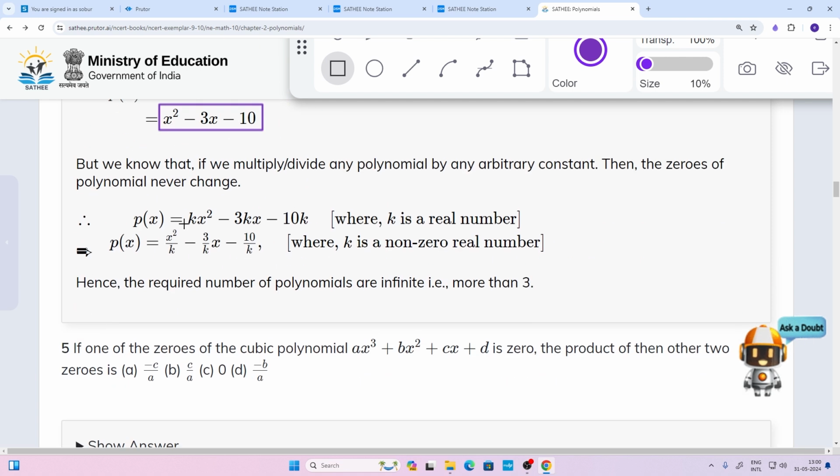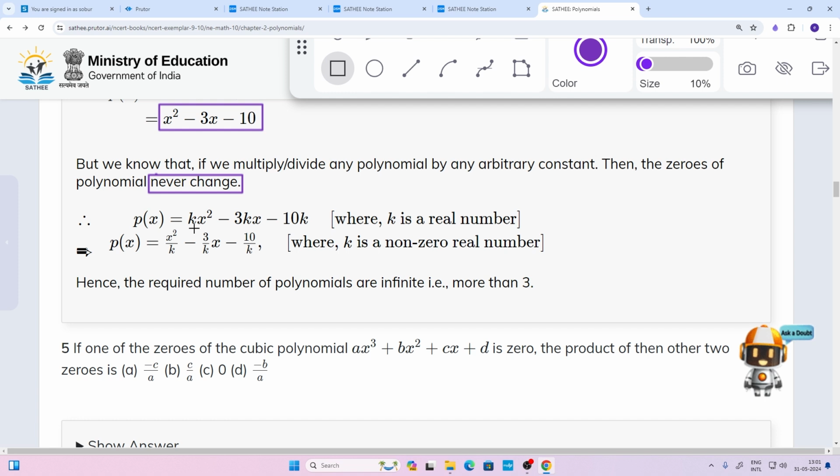But we know that if we multiply or divide any polynomial by any arbitrary constant, the zeros of the polynomial never change. So P of x is equal to k times x square minus 3kx minus 10k, where k is a real number.